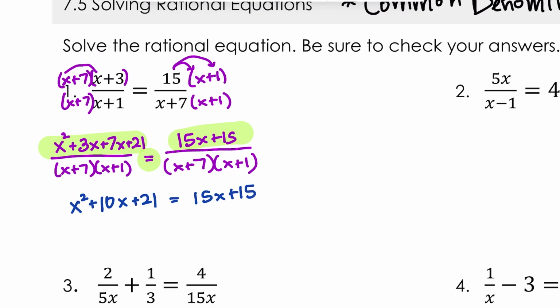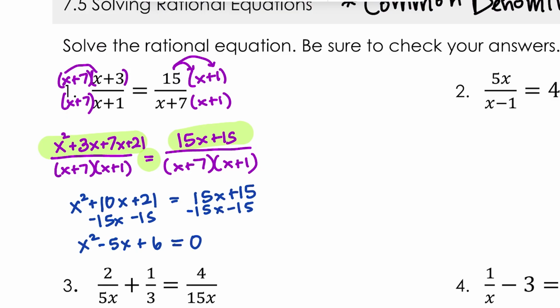And remember, if this is a quadratic equation, if it has an x squared, we want to move everything to one side, get 0 on the other. So I'm going to subtract my 15x over and subtract over my 15. So I end up with x squared minus 5x plus 6 equals 0.